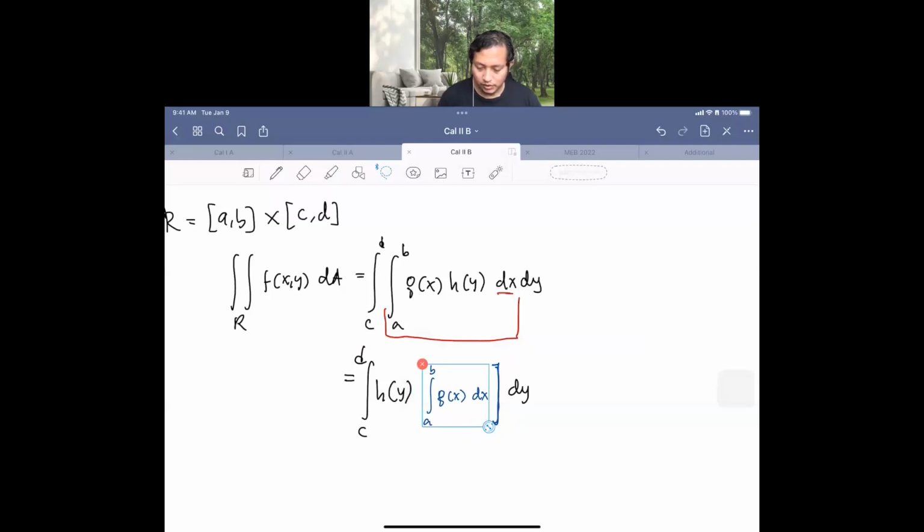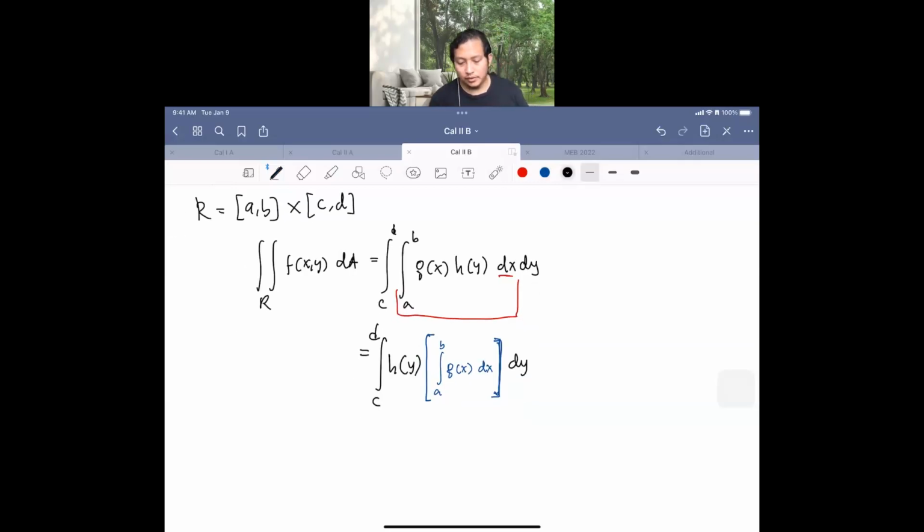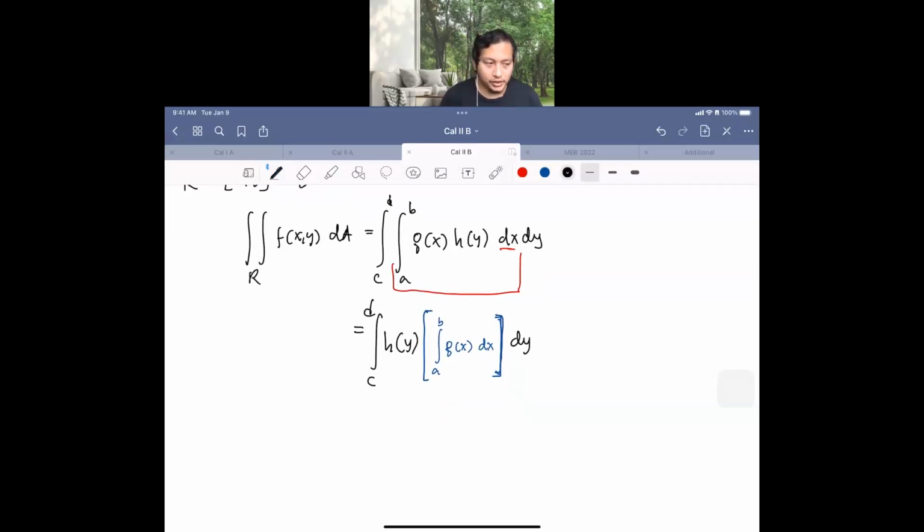Because of this, we already have the result of that integration, and the rest is integration with respect to dy.